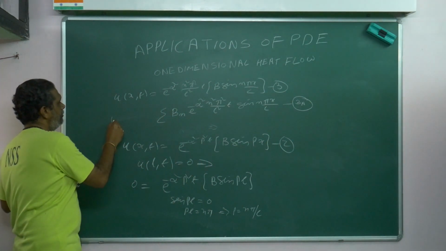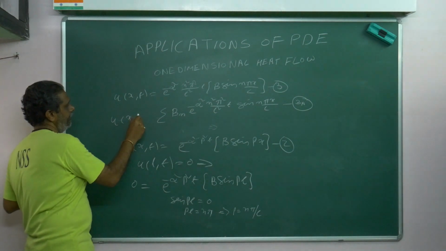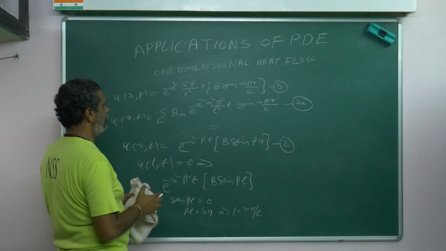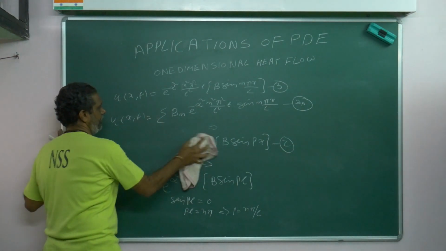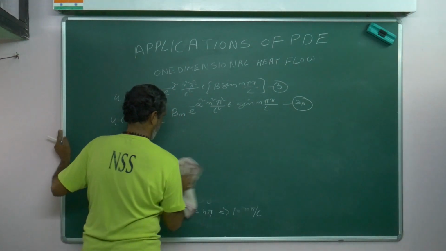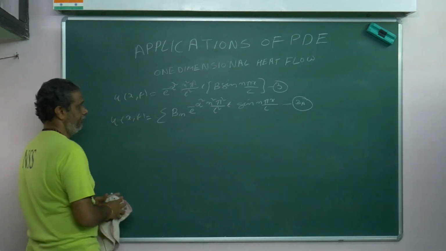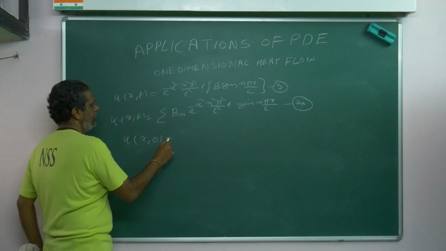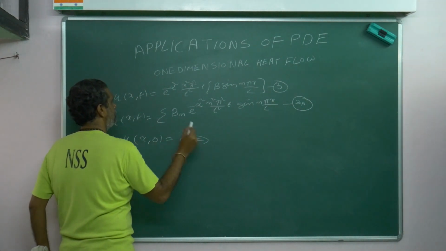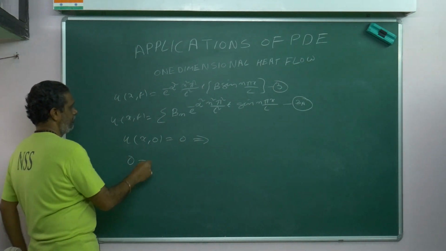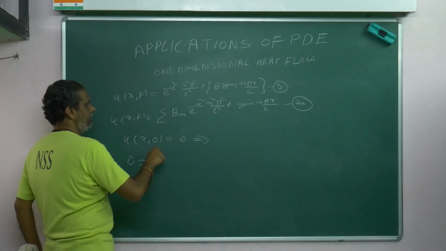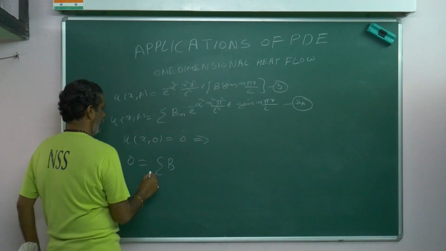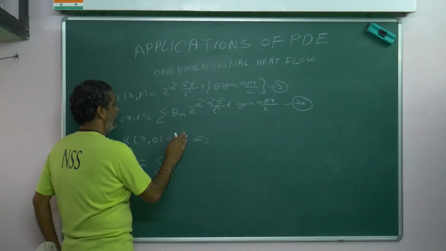But what is the last condition telling? u of x comma 0 is equal to x. If I apply the last condition, u of x comma 0 is equal to x.